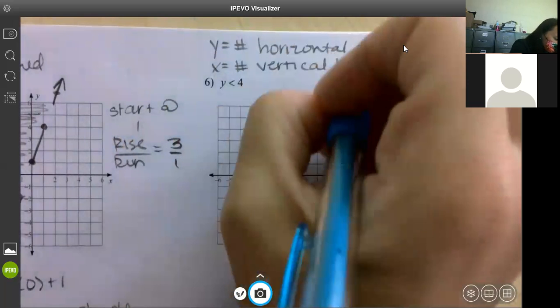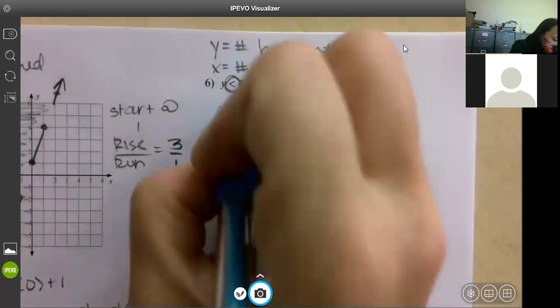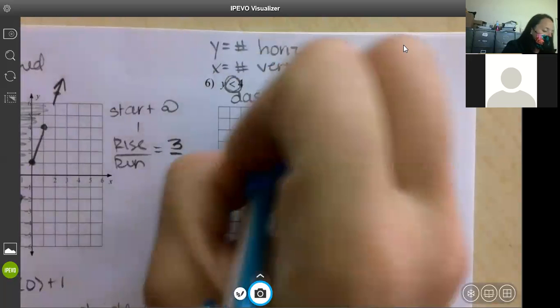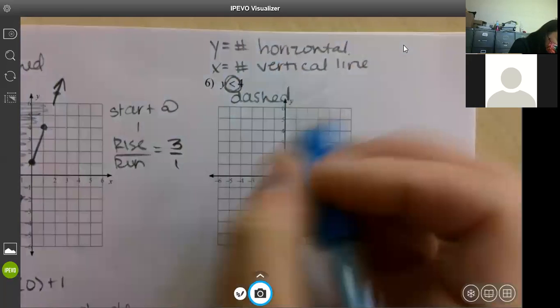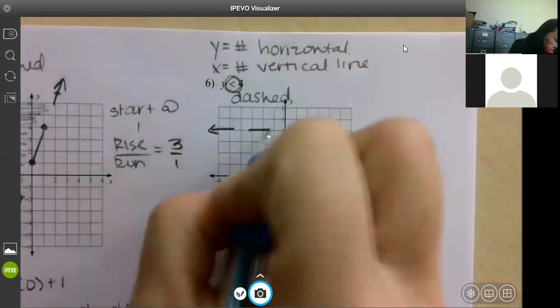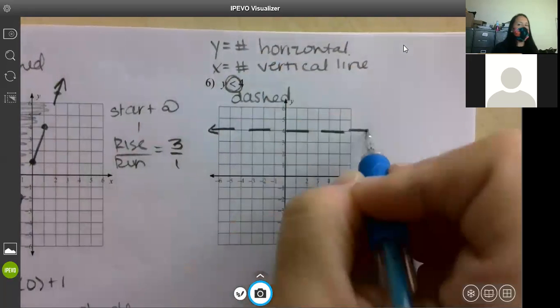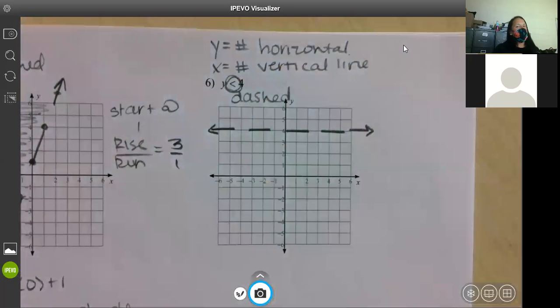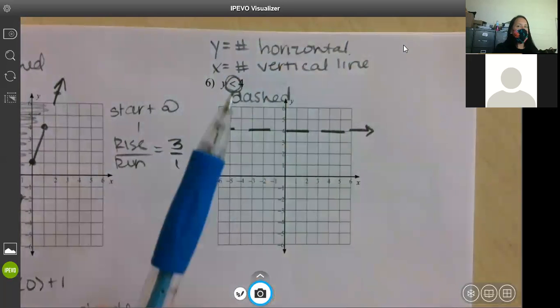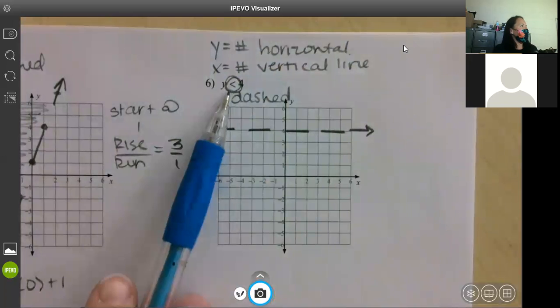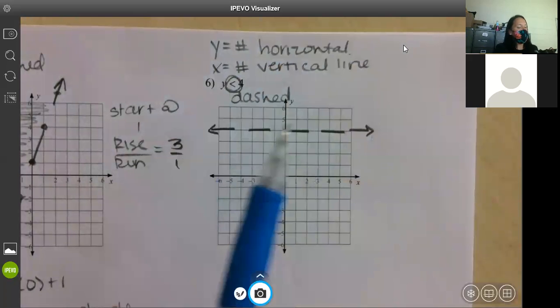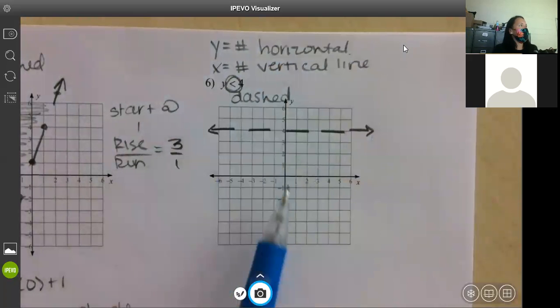The question is, is it solid or dashed? So it's a dashed horizontal at 4. So it looks like this. What is that inequality sign? Less than. If it's less than, do I shade above the line or below the line? Below.